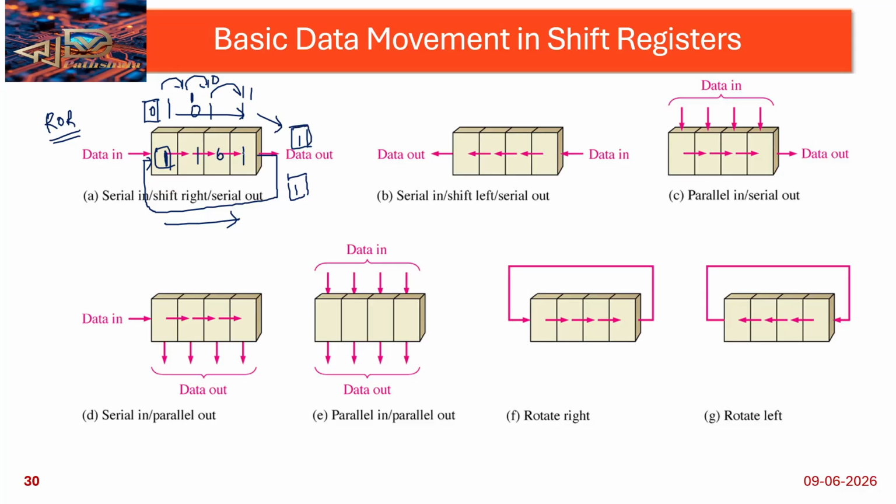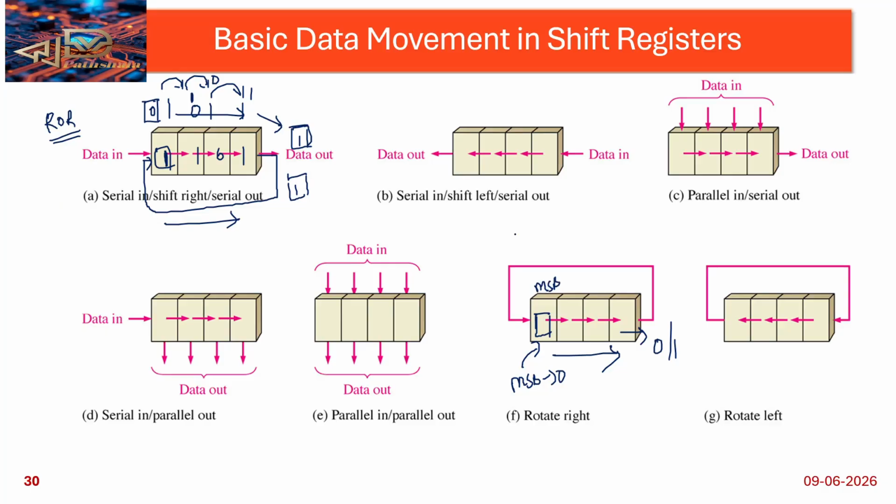So rotate right and rotate left are the rotation operations. It is the same as the shift operation, but in shift the MSB position is replaced with 0, whereas here the MSB position is replaced with whatever bit came out of the register, either 0 or 1.